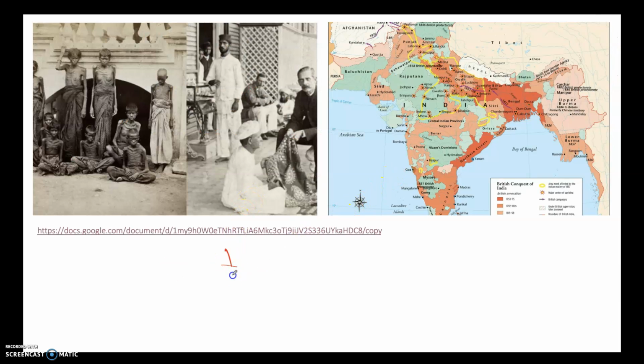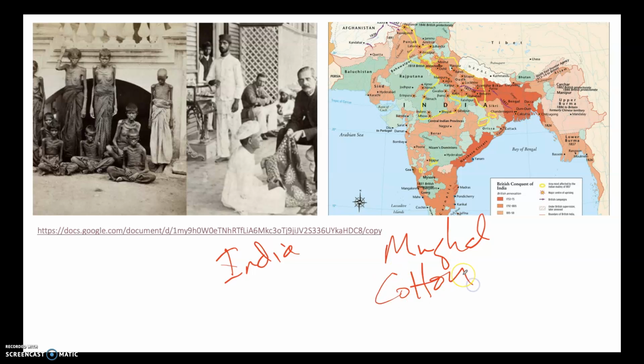Let's look at India. The Mughal Empire, it has been established, right? We've talked about the Taj Mahal and whatnot, and the British are very interested in India for what resource? Cotton and factories.